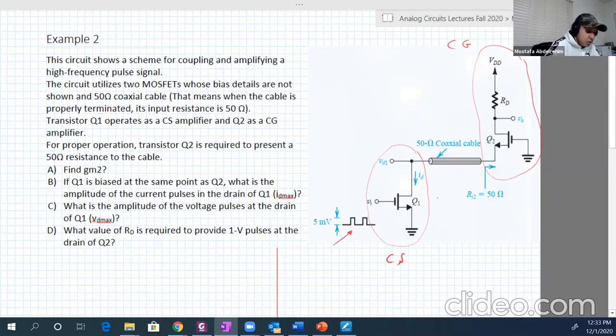These two circuits, the common gate and the common source, of course have biasing, but the biasing is not shown, and we will not need it. We have a 50 ohm coaxial cable between the two stages. And when we say 50 ohm coaxial cable, that means that the input resistance of that cable is 50 ohm.